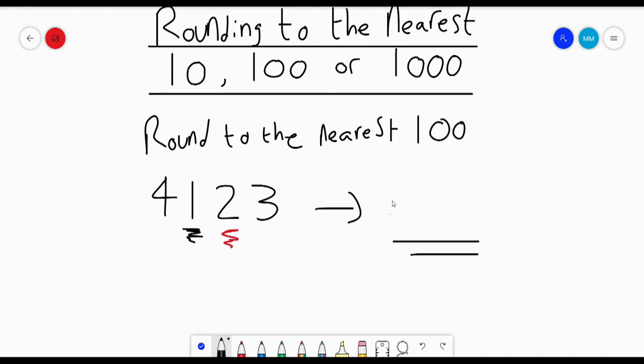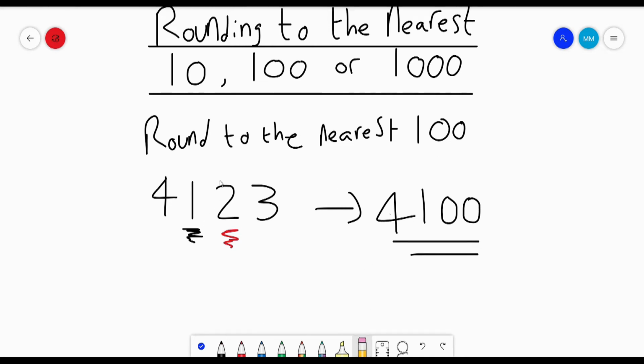So we have a slight change here because there's a 4 to the left of this 1. Because it's on the left hand side, we leave the 4 as it is. We put the 1 down, and everything else to the right of 1 turns into a 0, because this 2 and the 3 are on the right hand side of the 1. And that's it. So 4,123 rounded to the nearest 100 becomes 4,100.